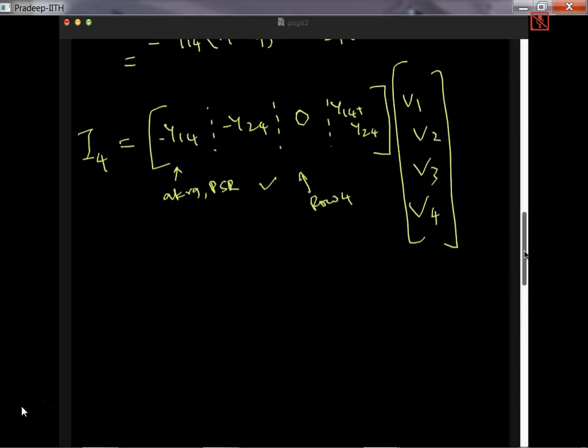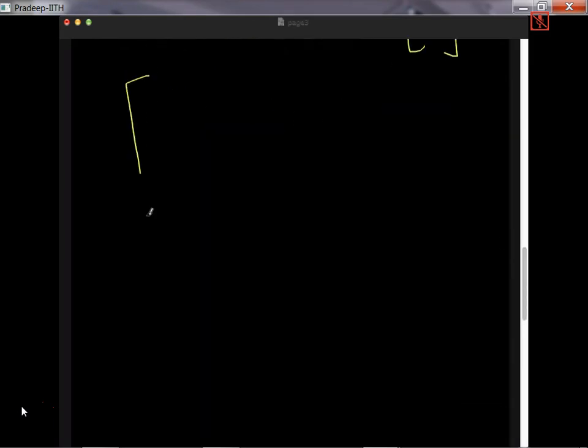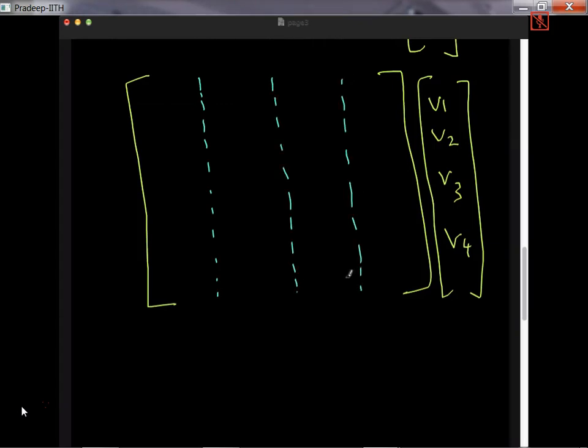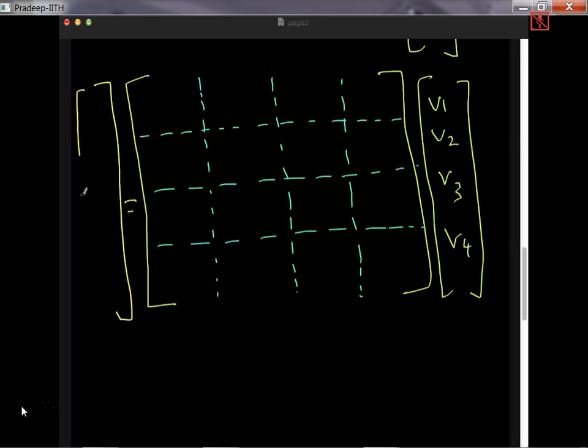So if I just copy it like that, V1, V2, V3, V4. I'm just writing these lines so that this is I1, I2, I3, I4.